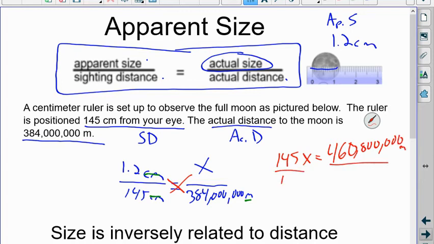Divide both sides by 145. X equals, and I'm going to round this off big time, 318, and then I'm rounding the rest. 1, 2, 3, 4. 3,180,000 meters. Okay. So hopefully you remember back to that, and those make sense. Again, you'll be given the formula, and you have to be given 3 out of the 4 in order to complete.